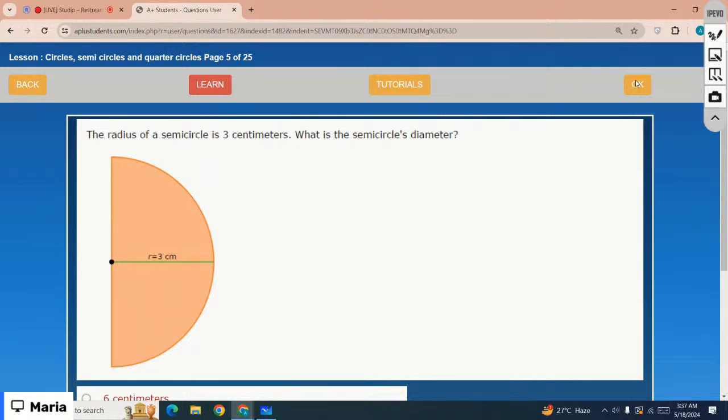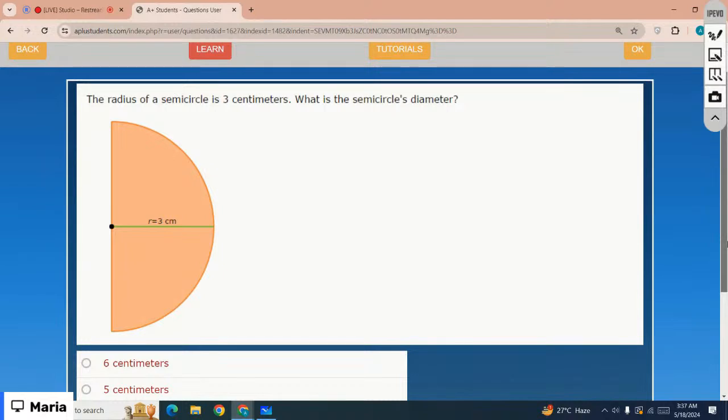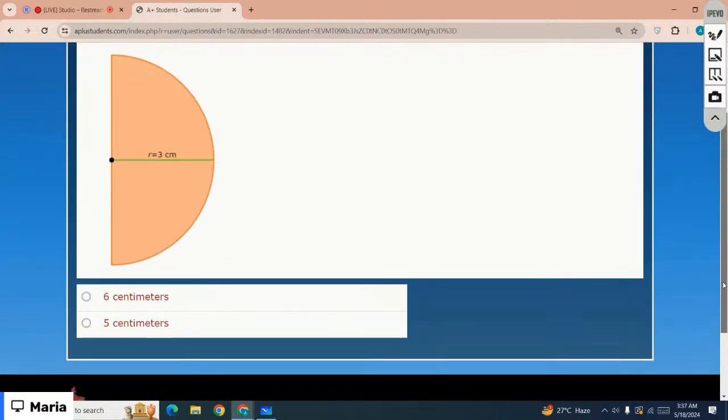The radius of the semicircle is 3 centimeters. What is the semicircle's diameter? So that is a semicircle. You have to calculate the diameter of the semicircle.